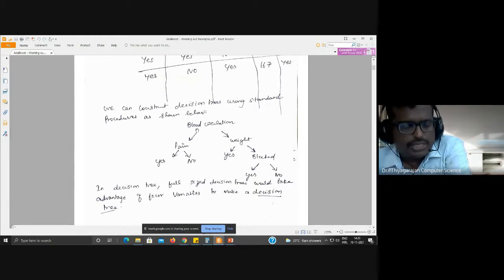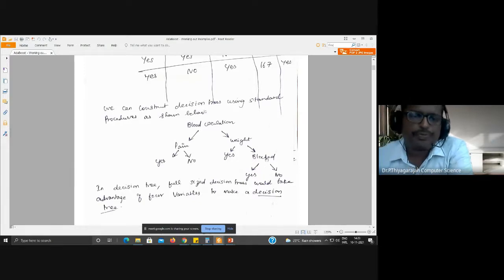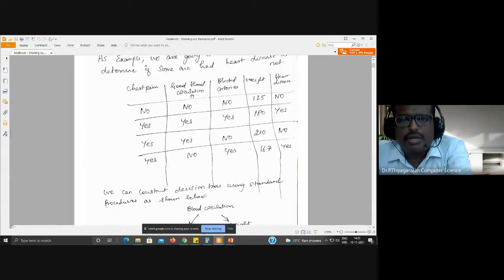The tree will look like this: blood circulation, and on the left-hand side we have chest pain, and on the right-hand side we have weight, with yes and no as the two different classifications. In weight, if it is yes, then you have to check for blocked arteries, and again yes and no. Imagine this is a full decision tree constructed from 4 variables: chest pain, good blood circulation, blocked arteries, and weight.